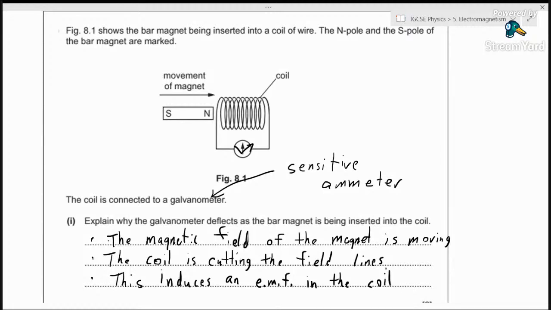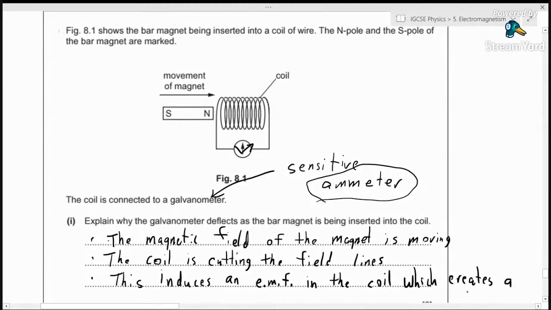So that is it. The magnetic field of the magnet is moving, the coil is cutting the field lines, and this induces an EMF in the coil, and therefore the galvanometer. The induced EMF induces a current, because this is a galvanometer, which is a sensitive ammeter, which reads current, not voltage. So this induces an EMF in the coil, which creates a current.